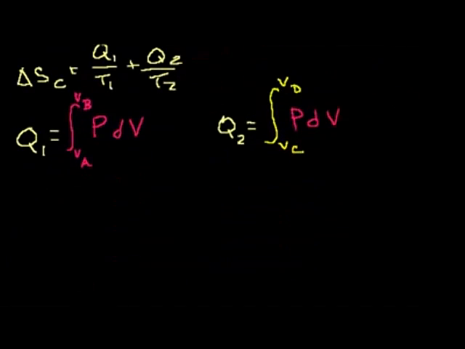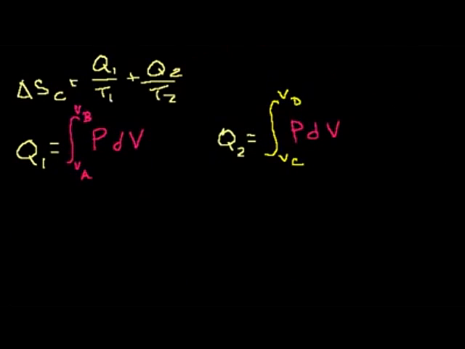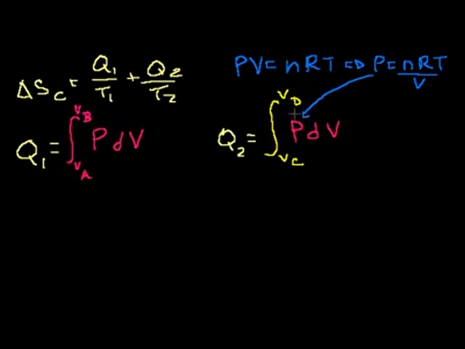If we go back to our ideal gas equation, PV is equal to nRT, we can rewrite this by dividing both sides by V as P is equal to nRT over V, and substitute that back in for P in both cases. That is P as a function of V. We now have the equation of the curve, and we're taking the area under it in both cases.